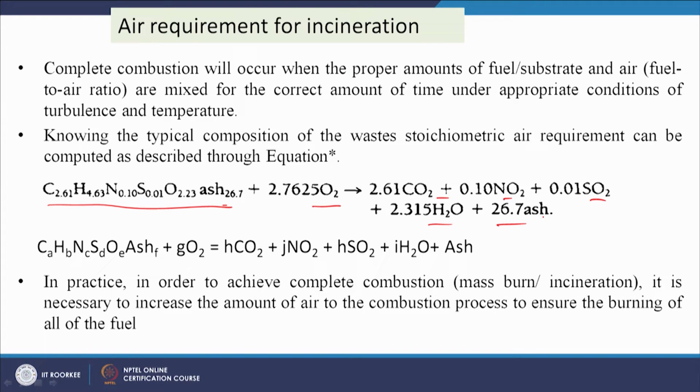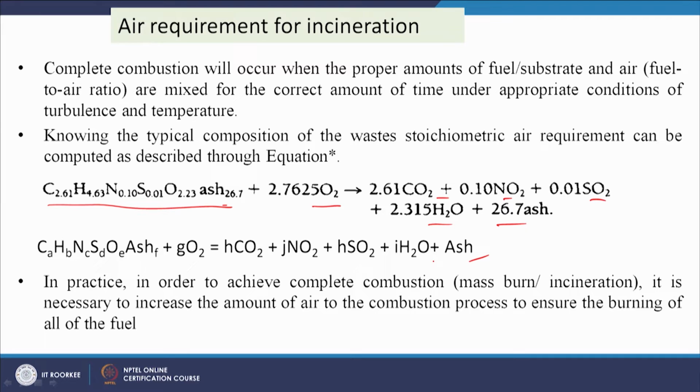By doing a set of experiments and regression, people have developed this type of expression. We can generalize it as CaHbNcSdOeSf plus gO2 giving hCO2 plus jNO2 plus kSO2 plus iH2O plus ash, and with regression of the data the values of these coefficients can be determined.